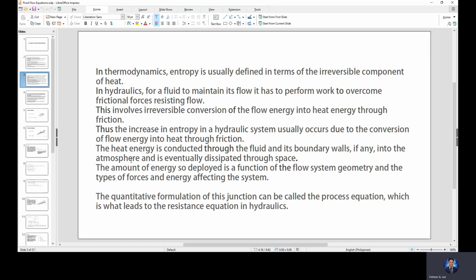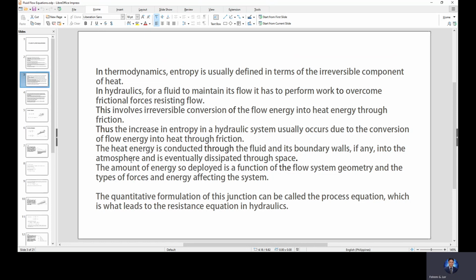So for that particular water to flow in the pipe, it must overcome the frictional force resisting the flow. This involves irreversible conversion of the flow energy into heat energy through friction. We will discuss friction, how to determine friction, later in our discussion. Actually, it's on the next topic.